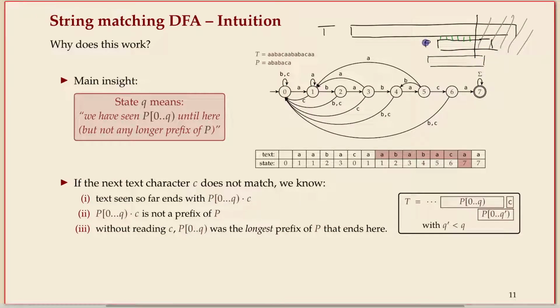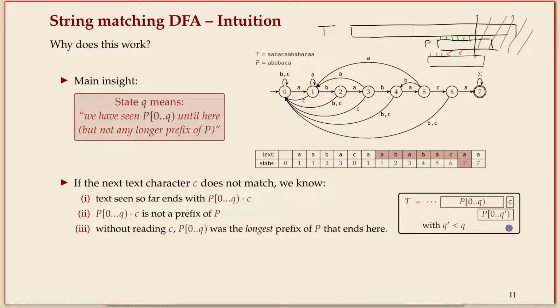If you would do that, then there's some mismatch to the text. So the state Q is the longest part of the pattern you have seen up to this point. Okay? That's the important distinction.